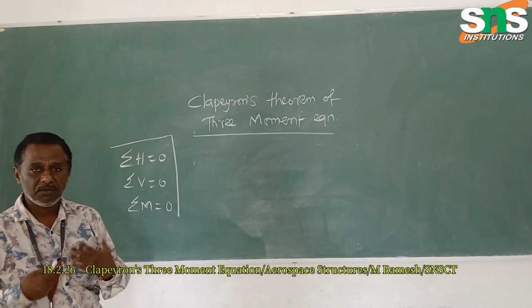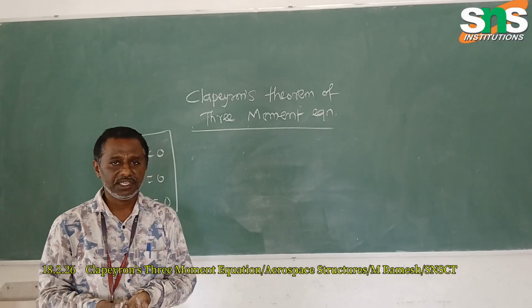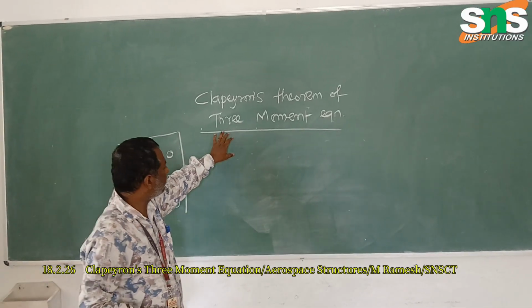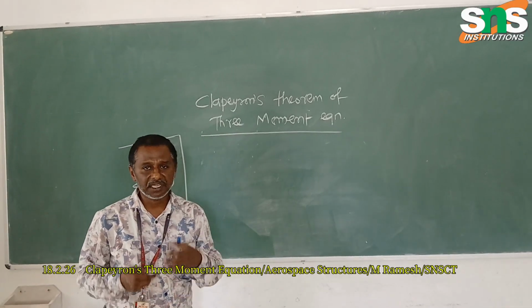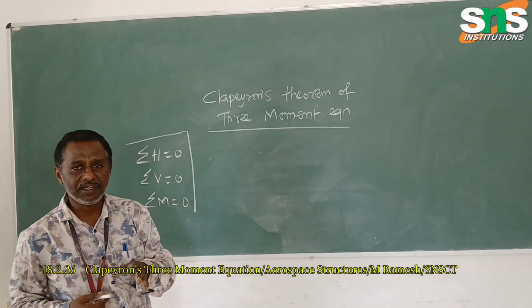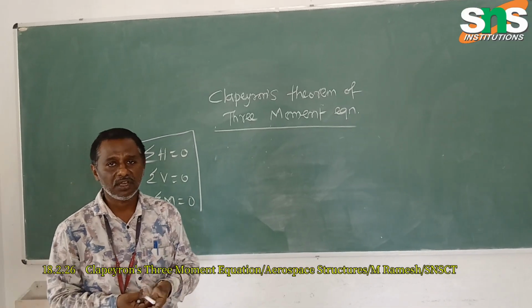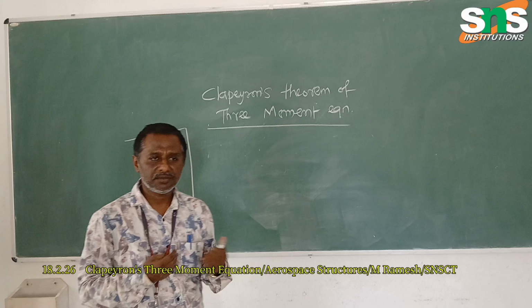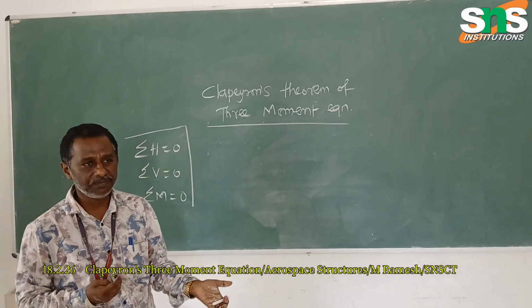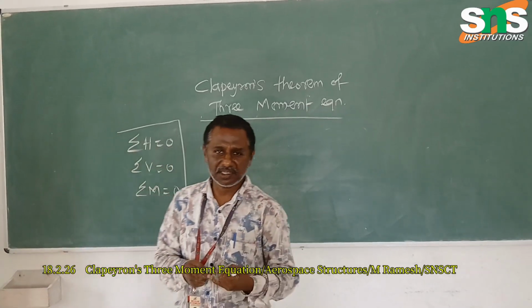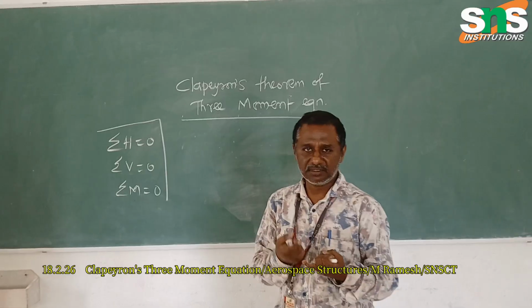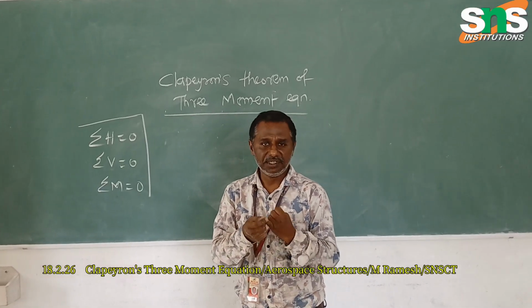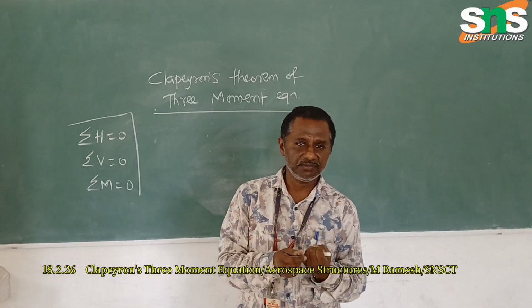We need another equation. With Clapeyron's theorem of three-moment equation, we can find all the unknowns of statically indeterminate beams. What beams are statically indeterminate? Can you list them out, one by one? One is the continuous beam.